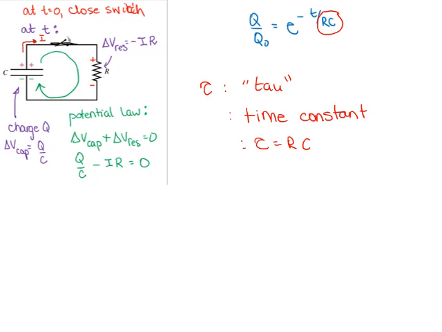Let's rearrange our equation above. Let's solve it for Q, and instead of writing RC, we'll say tau. So Q is equal to Q0 times e to the minus t over tau. This is our expression for the amount of charge Q on the capacitor plate as a function of time.